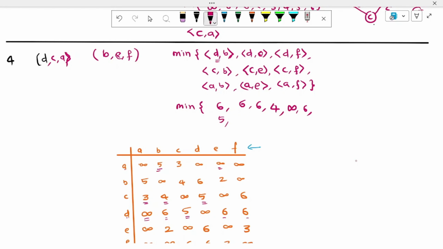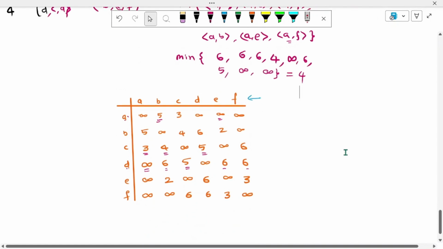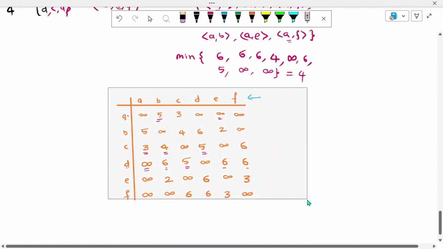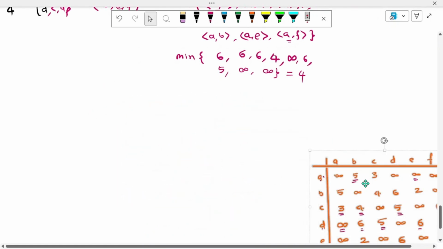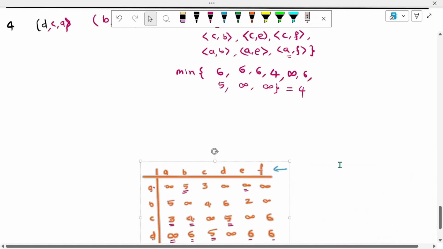AE is equal to infinite, and AF is again infinite, right? So the minimum of this is 4, and so let me take it downside. I need it later. Okay, I'll be keeping it here.